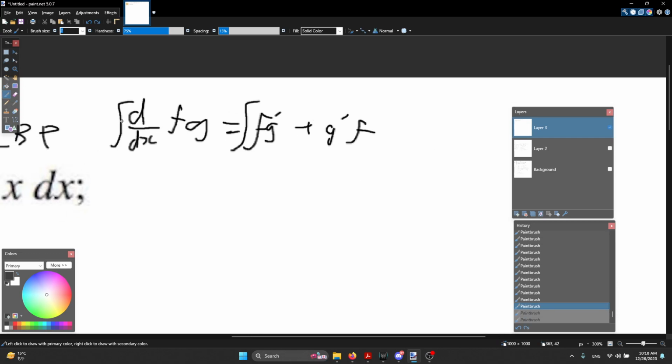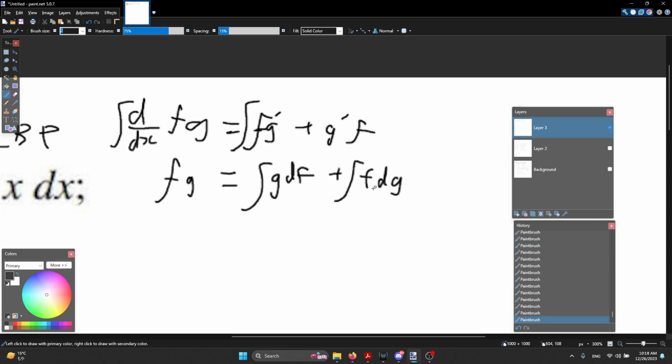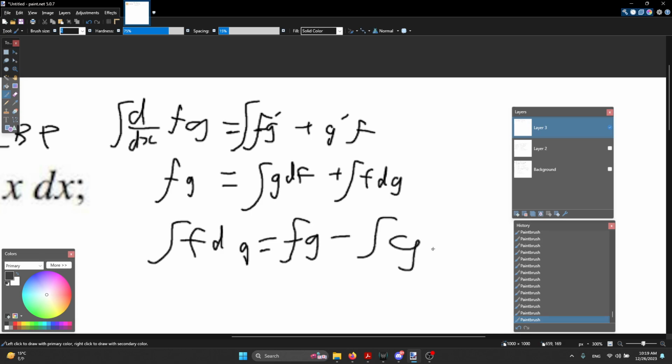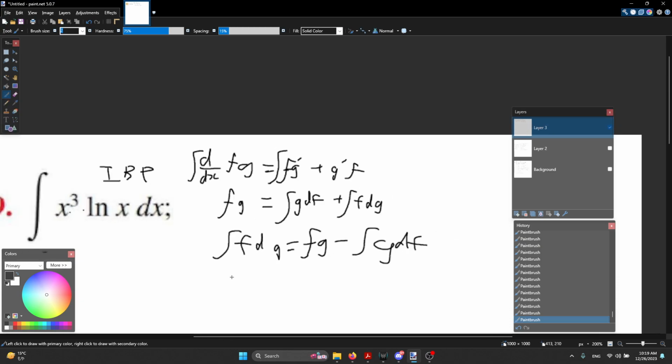So this thing cancels out, so it's f times g equals integral of g df plus integral of f dg. So you got integral of f dg equals f times g minus integral of g df. So this is integration by parts.